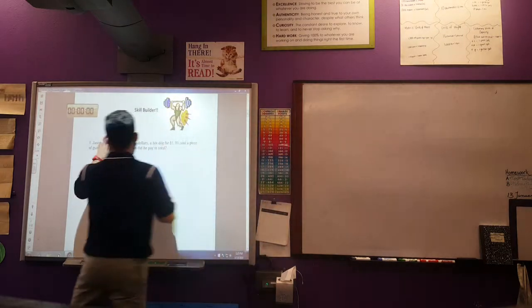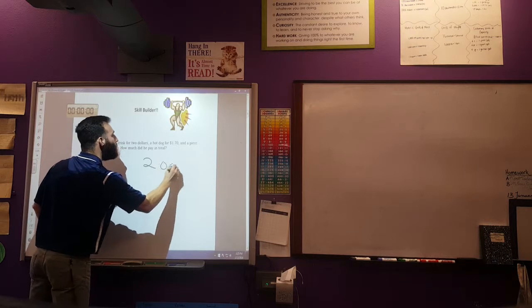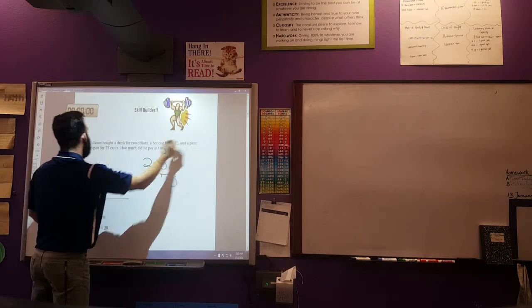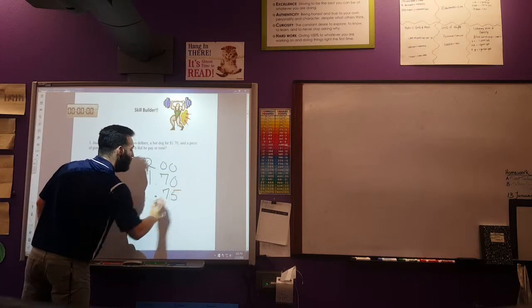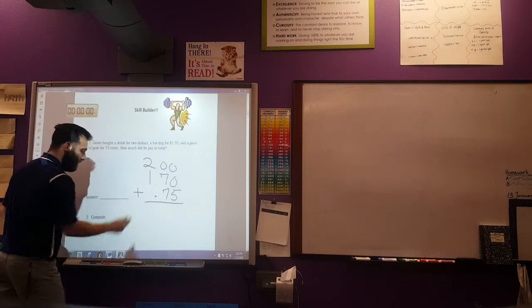The first one, Jason bought a drink for $2. A hot dog for $1.70. And 1 piece of gum for 75 cents. Now, I want to know how much he paid in total, so I'm going to add.